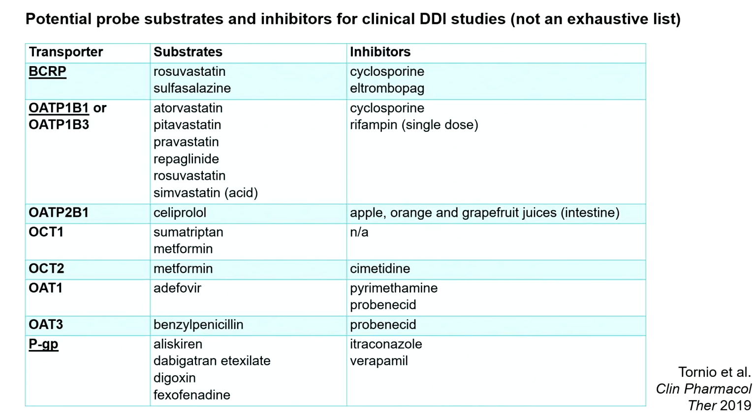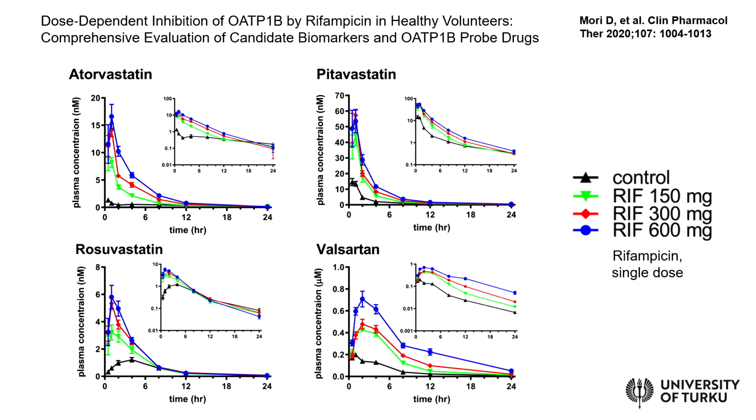Cyclosporine is maybe a broader inhibitor of several transporters, mimicking more the worst case scenario, and rifampicin is more selective towards OATP1B1, and it has indeed been well shown, for example, by this study by Mori et al., of rifampicin's impact on an OATP1B1 substrate, nicely demonstrating also the dose dependence of this interaction.